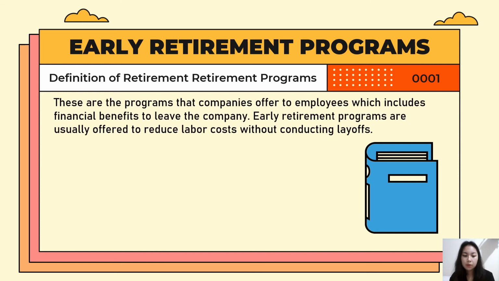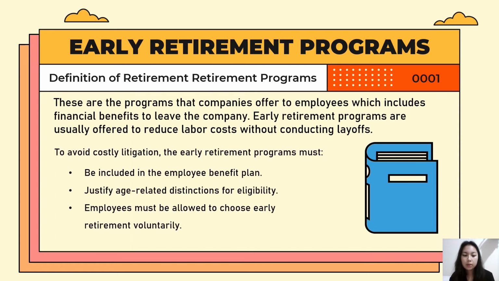So, early retirement programs are programs offered by companies to their employees, which usually include financial benefits when leaving the company. These programs are usually offered to avoid labor costs, but sometimes litigations or legal issues can occur.